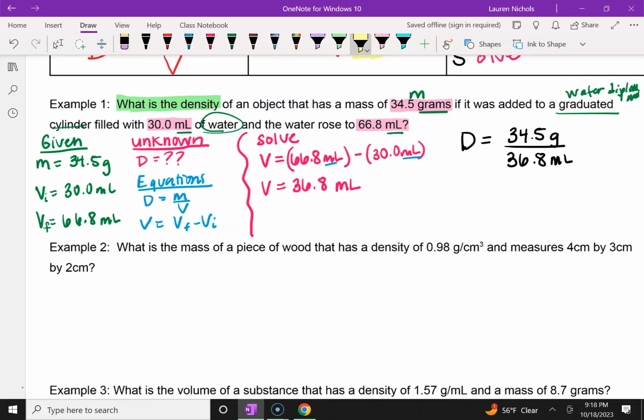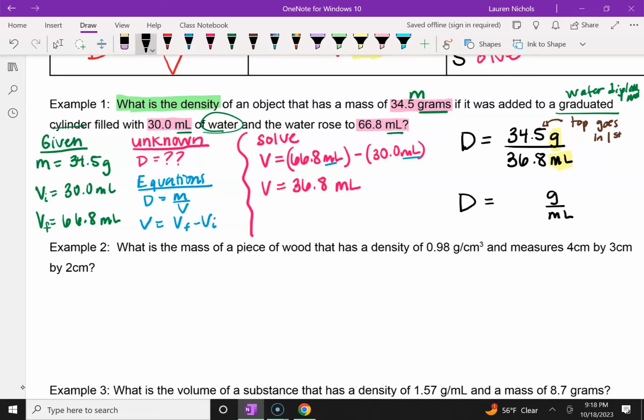And since they don't cancel out, the grams and the milliliters are going to stay together, that means when we divide, we're going to keep them the way they are. Nothing canceled out. And a key thing to remember is that when you put this in the calculator, the top number goes in first. So it should be 34.5 divided by 36.8, not the other way around.